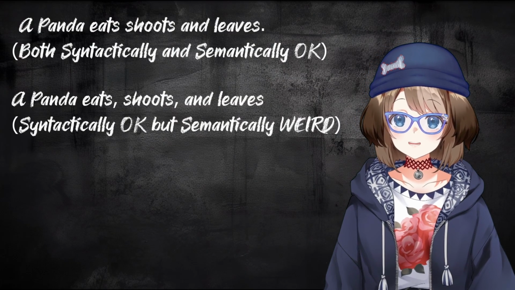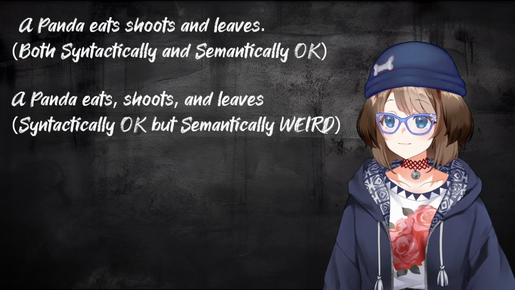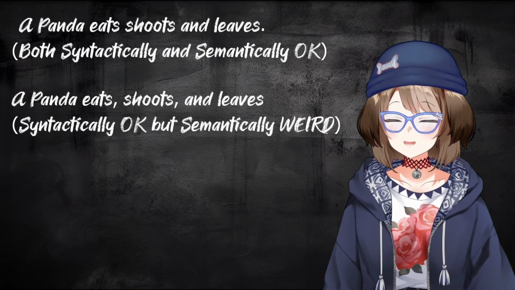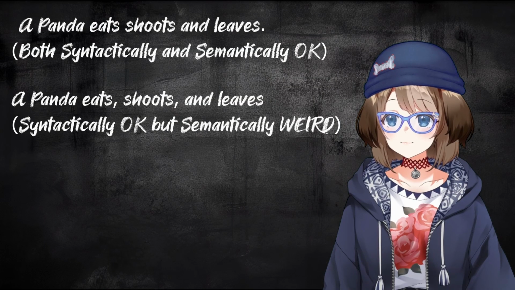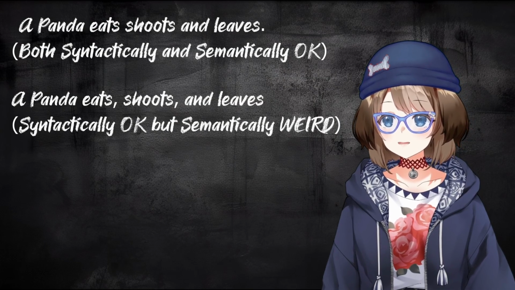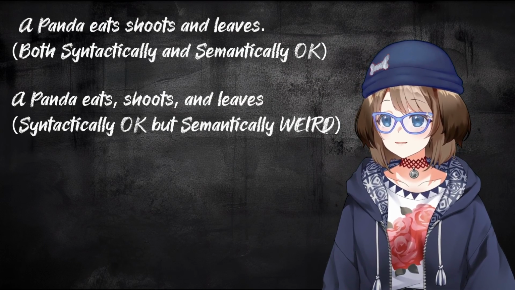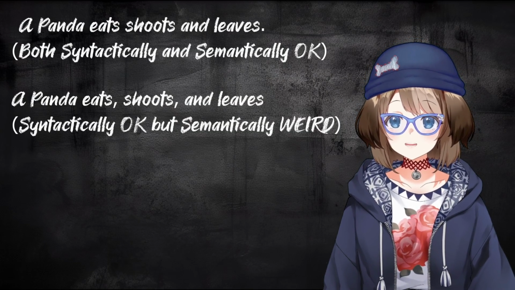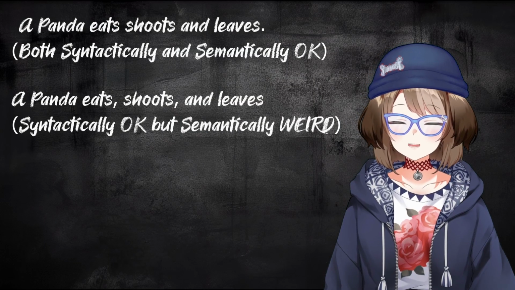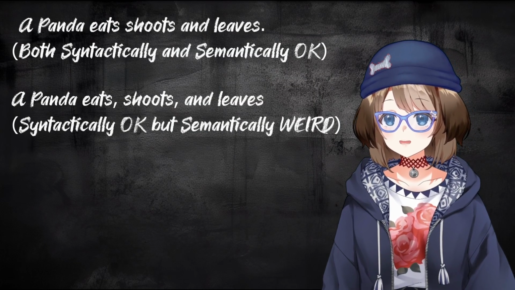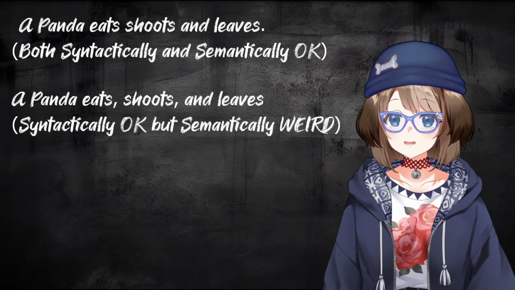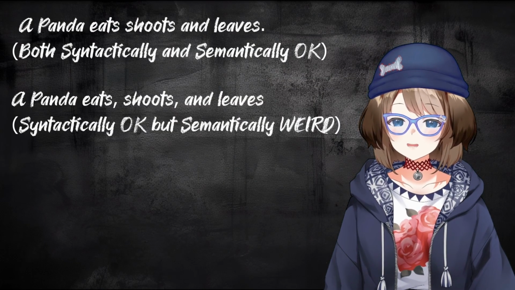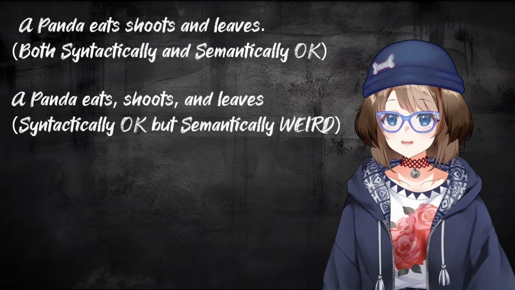It implies that the panda did three verbs: eat some food, shoot a gun, and then tumble down the hill like a goofball to get out of there. Now sure, that could make sense with the appropriate context, couldn't it? If you gave a panda a gun and somehow the panda managed to fire the gun, then yeah, okay. This is an alright sentence at the semantic level, right? No problem. But also, like, no, probably not. I don't think that happened.